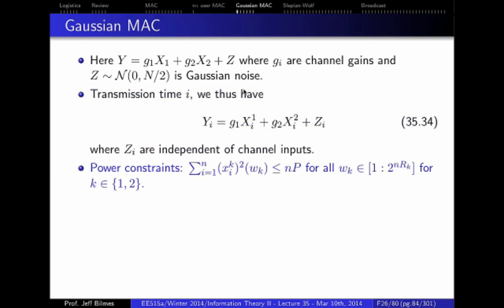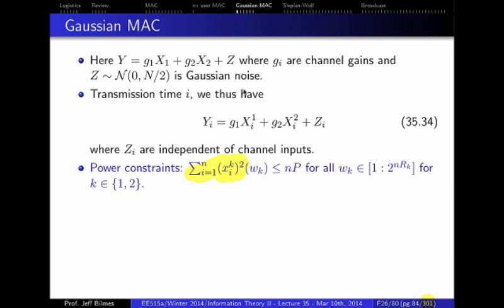Again, just like in the Gaussian channel case, in order to make this sensible, we need power constraints. So we have a codebook and a set of codewords, and for each channel we have a power constraint.